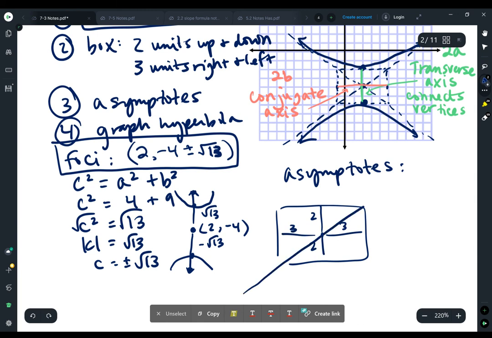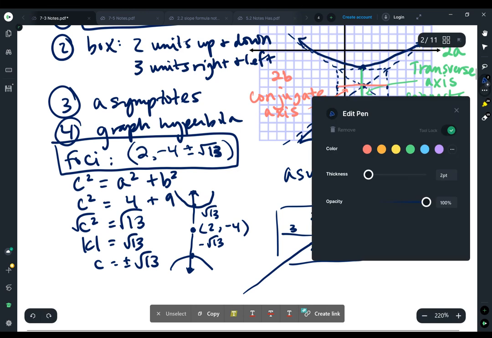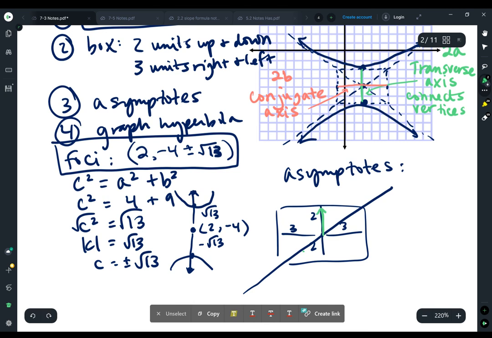So if I'm thinking about a line that goes through that, I really need a slope and a y-intercept. So I know that my slope was up 2 and over 3. I know that my other slope was down 2 over 3. So it's plus or minus 2/3, and I'm getting that from the box.